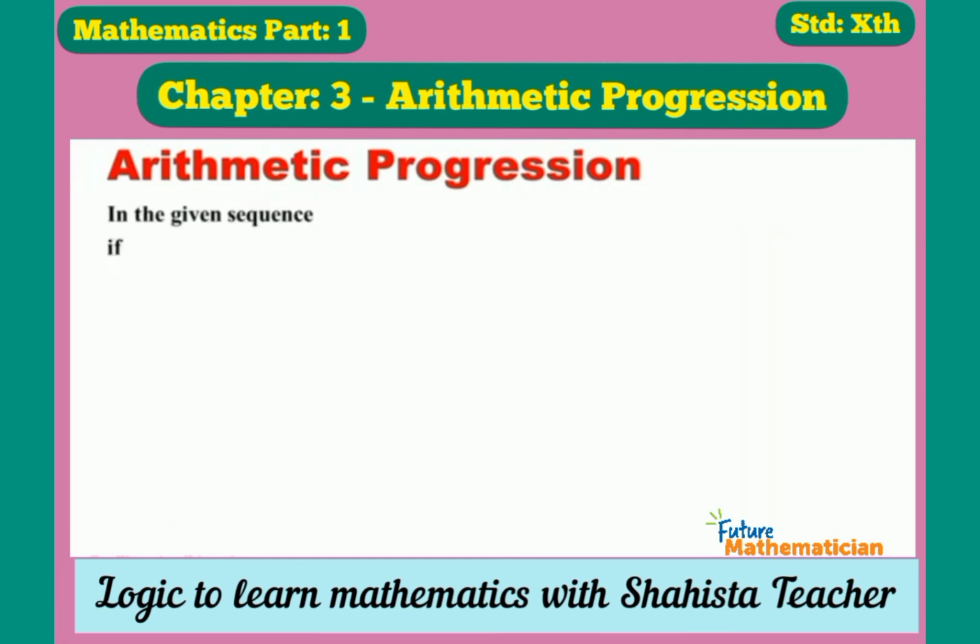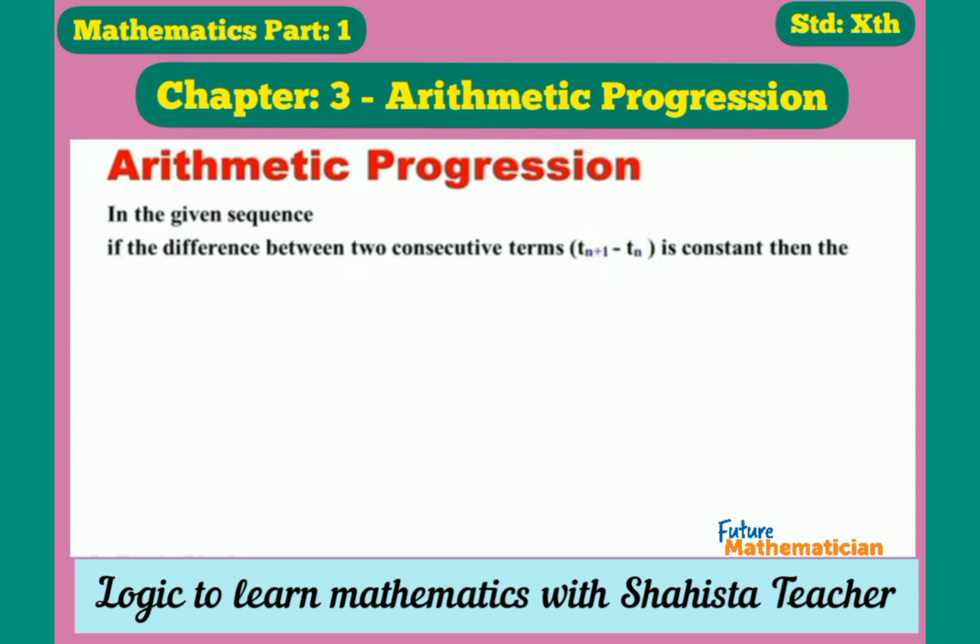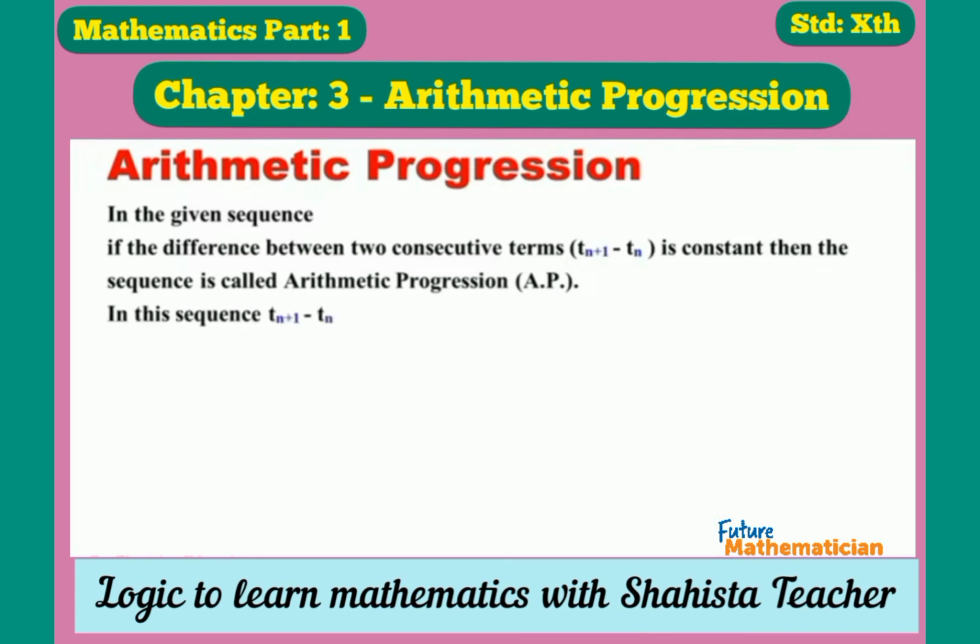Okay, in the given sequence, if the difference between two consecutive terms, that is Tn plus 1 minus Tn, is a constant term, then the sequence is called an arithmetic progression, AP. Okay, AP stands for arithmetic progression.